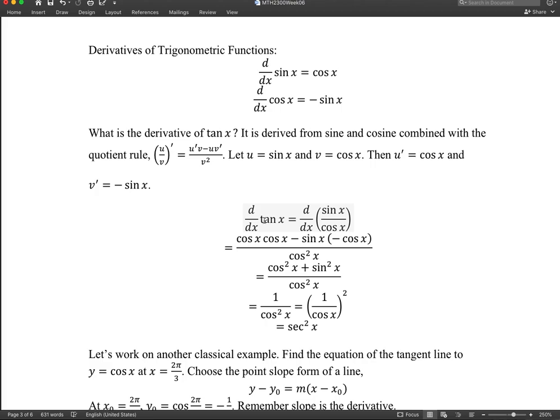Remember, tangent is the quotient of sine and cosine, right? So the derivative of tangent turns out to be the derivative of the quotient of sine and cosine. Be very sensitive in a calculus class. When we say there is a quotient, usually we mean we need to consider the quotient rule.